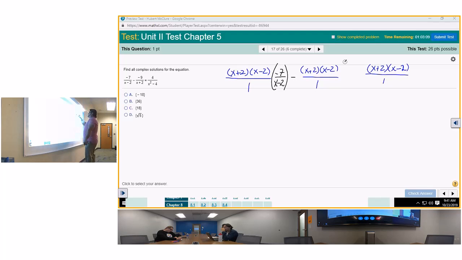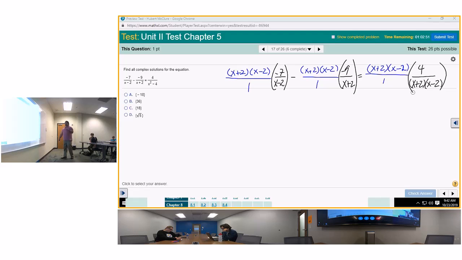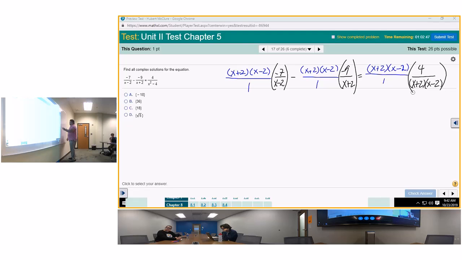And then I want y'all to do it. Negative 9 over x plus 2 equals 4 over x plus 2, x minus 2. Now, if you don't know where I got the x plus 2 and x minus 2 from, then you don't know your shortcuts, and we don't need to talk right now, because I done told y'all to learn that.